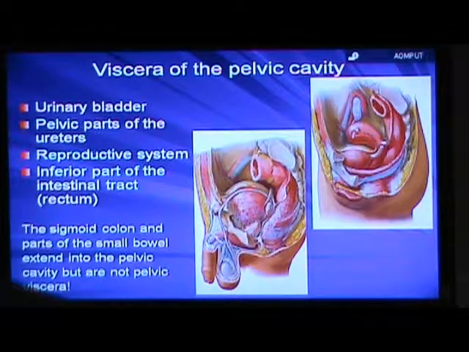Remember that the sigmoid colon and parts of the small intestine, which sometimes could be found in the pelvic cavity, are not pelvic viscera. They could be present because the small intestine and sigmoid colon are movable: the sigmoid colon has a mesocolon, the small intestine has a mesentery, so they are movable parts of the gastrointestinal tract, but they are not organs of the pelvic cavity.